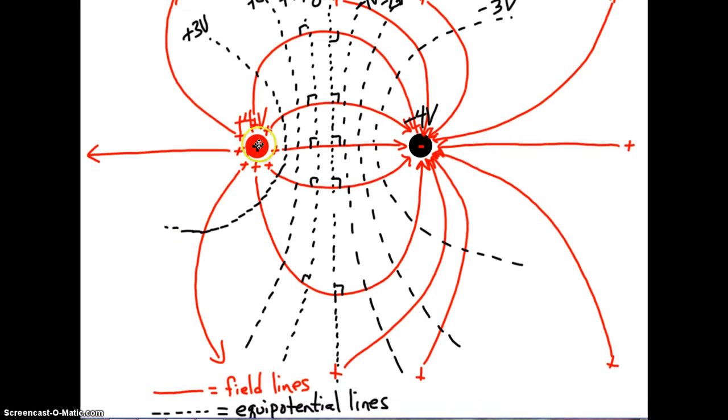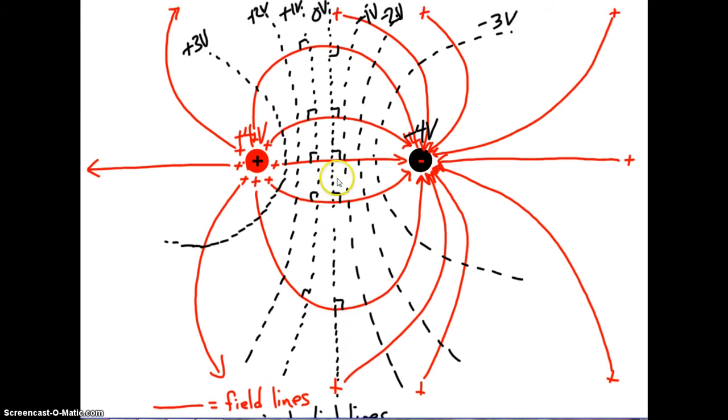If we said that this source charge over here has a potential of positive 4 volts, and that this negative over here has a potential of negative 4 volts, it makes sense to us intuitively that there would be a line down the middle through which there would be no potential at all.